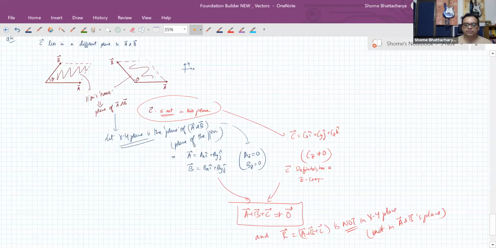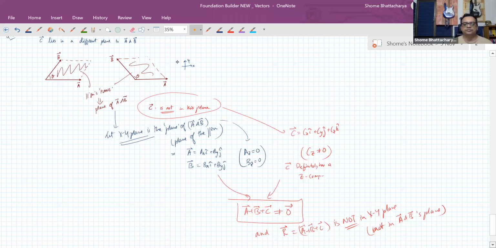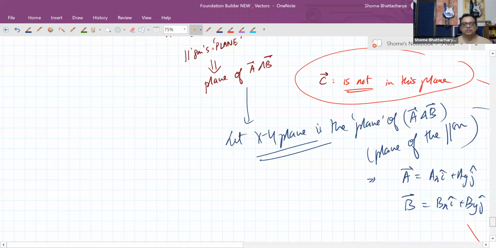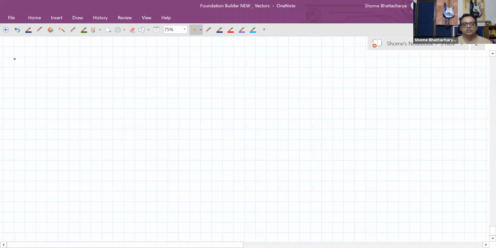Okay, let's come to the fifth question. It is asking which of these are meaningful operations. For example, this one.